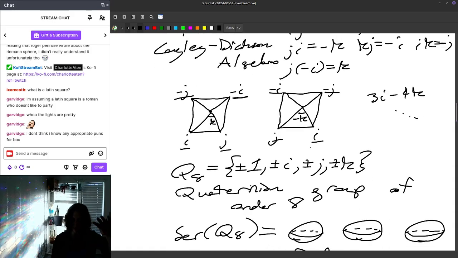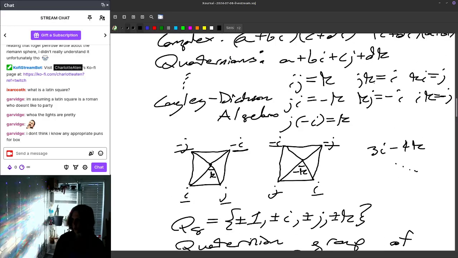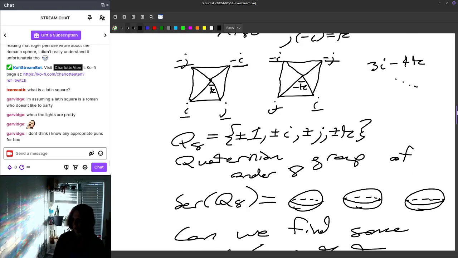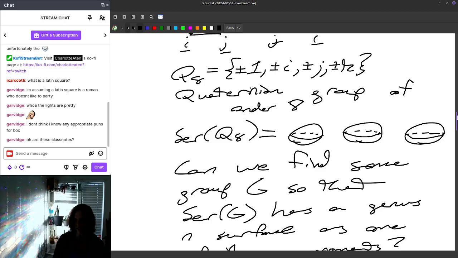It'd be an 8x8 Latin square that I would have to write out. And of course, for the actual quaternion algebra, the multiplication would be an infinitely large table. It would still have the Latin square property. Okay, let's leave out 0. But otherwise, it would have that Latin square property. But I wouldn't want to actually write that table out by hand.